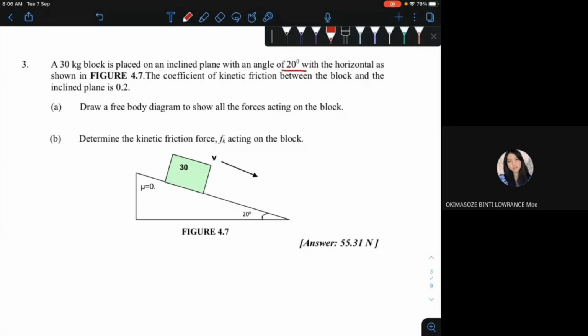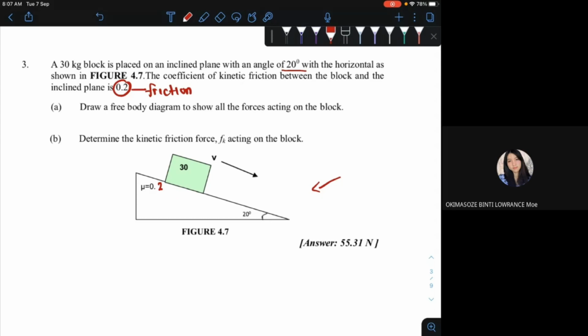So ini adalah gambar rajah soalan kita. The coefficient of kinetic friction between the block and the inclined plane is 0.2. So maksudnya kita tahu ada kewujudan friction di sini.